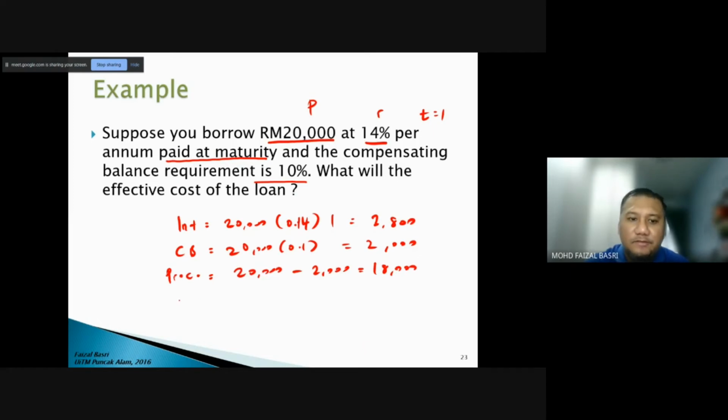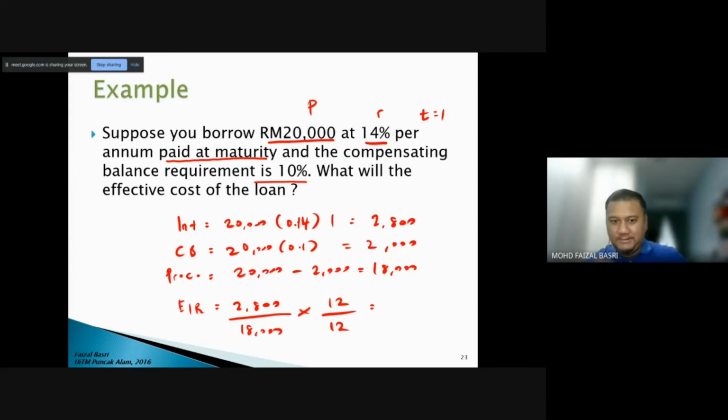So therefore, to find the EIR, effective interest rate, it is interest 2,800 divided by proceeds 18,000 times 12 over 12, since this is 1 year. So 2,800 divided by 18,000, it's about 15.6%.